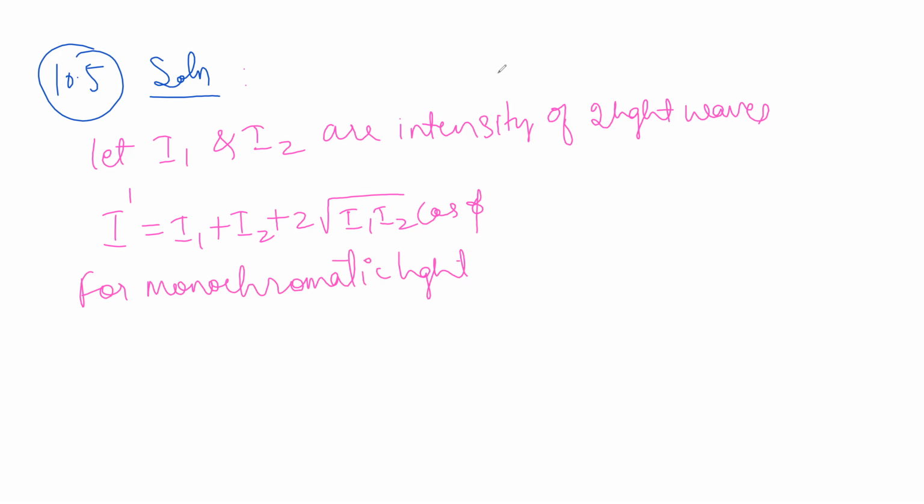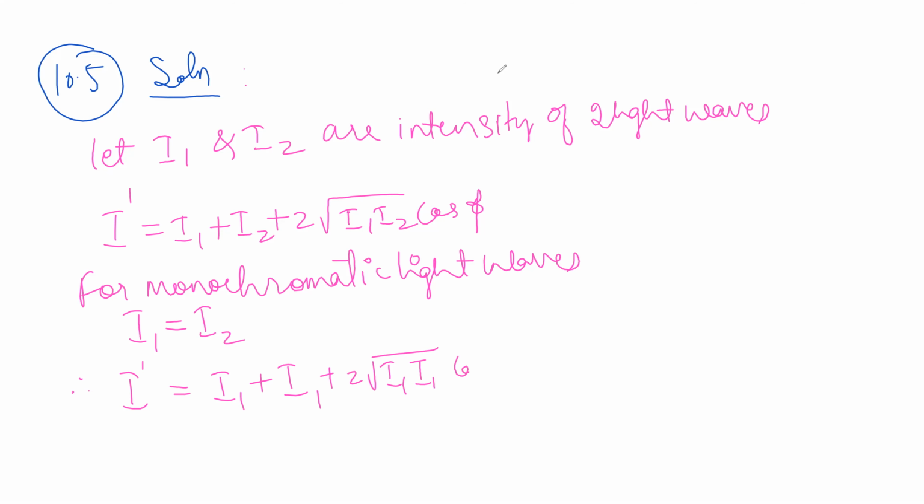And for monochromatic light waves, we have the condition that intensity 1 is equal to intensity of second wave. Therefore, resultant is given by I1 plus, instead of I2 we are substituting I1, 2 into root of I1 into I1 only, because I1 is equal to I2, into cos phi substituted as it is.